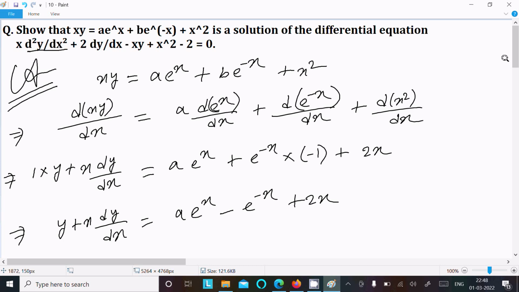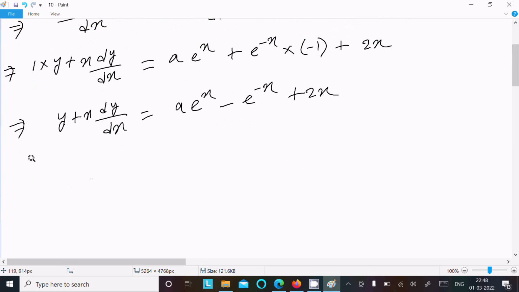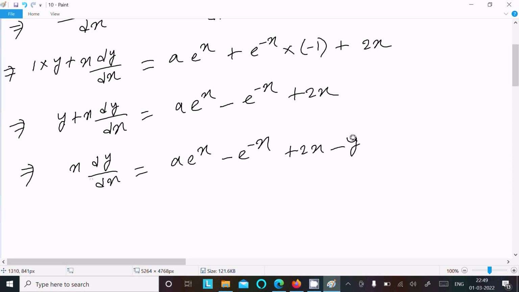So we can write, moving y to the right, x dy/dx = a e^x - b e^(-x) + 2x - y.